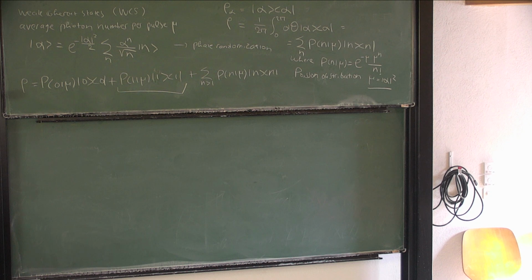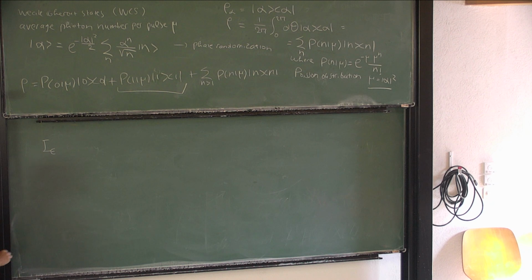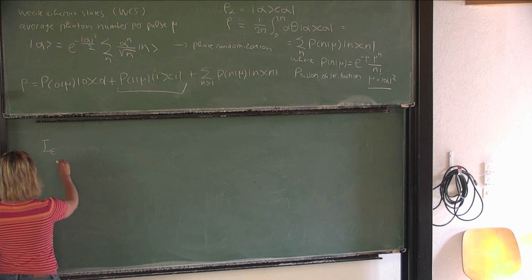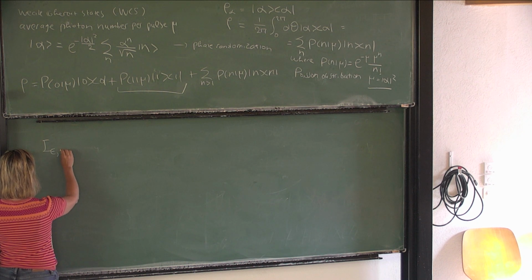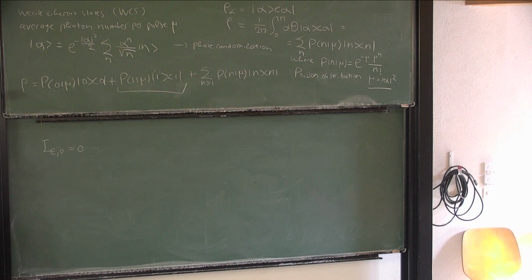So we're going to try to quantify the information that Eve gets out of the protocol, which is going to be a function of n. When n is 0, we're going to say that the information that Eve gets is 0.